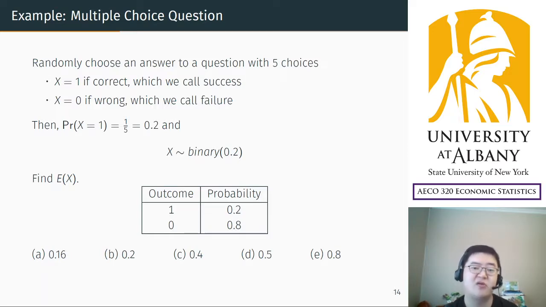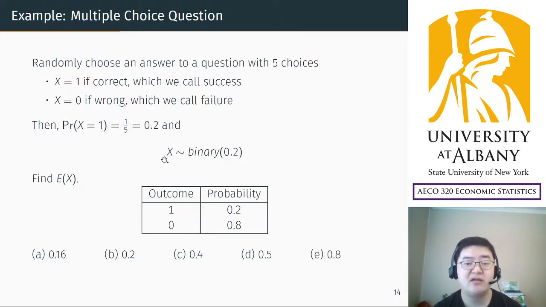So success, failure. In this case, success literally means you succeeded in randomly choosing the correct answer. This is another example of binary distribution. In this example, the probability of success is given by construction as 1 over 5, because there is only one correct answer out of 5, and when you randomly choose one, the probability is 1 over 5.